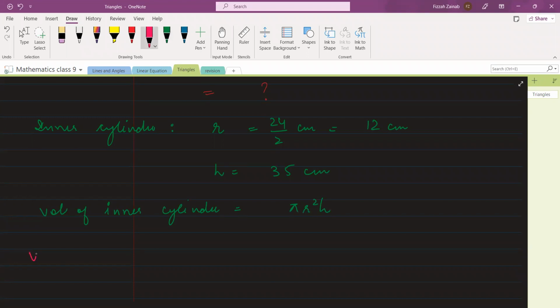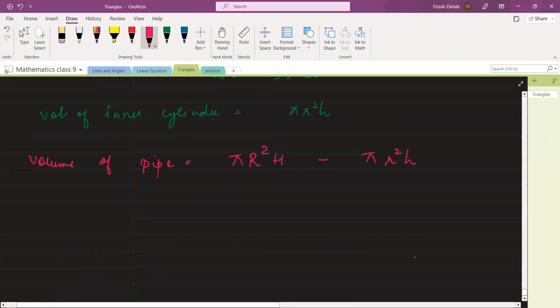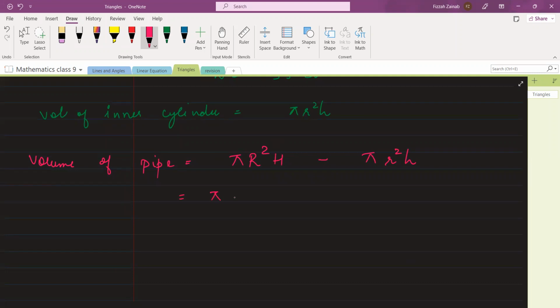Okay, now you come to your volume of pipe. So volume of pipe is volume of outer cylinder, which is pi R square H, minus volume of inner cylinder. Is that okay? Okay, now you put it. So pi into what was capital R?